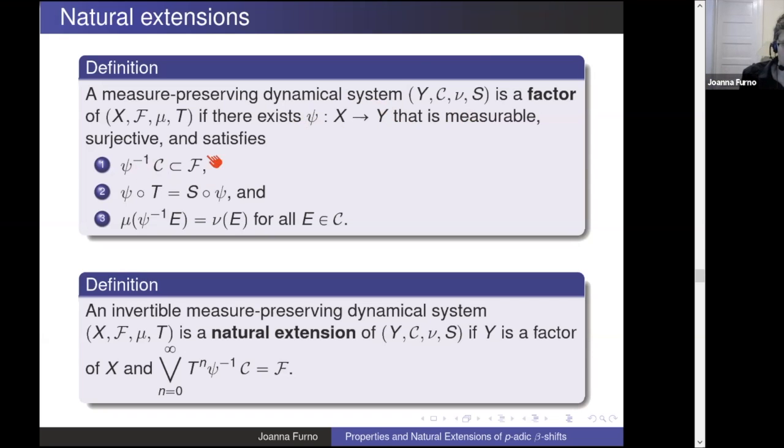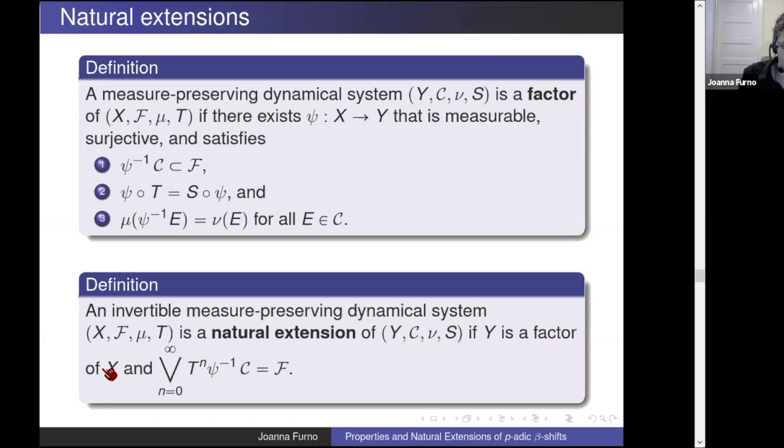This is just making sure our sigma algebras are going all right with each other. This is semi-conjugating so we can relate our maps to each other. And then, of course, we also want our measures to agree nicely. And so again, we have that X has Y as a factor.